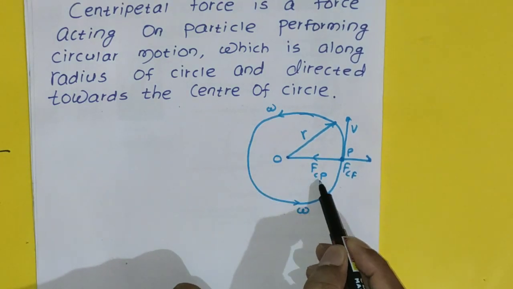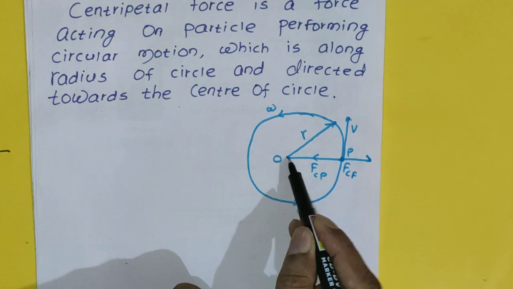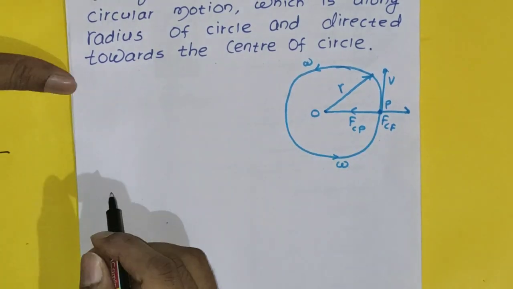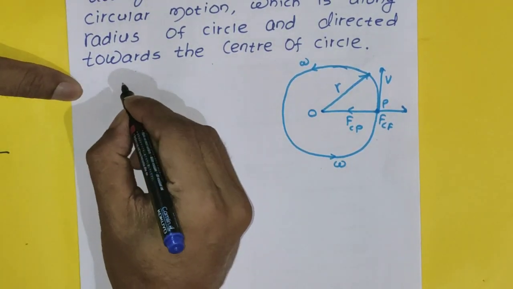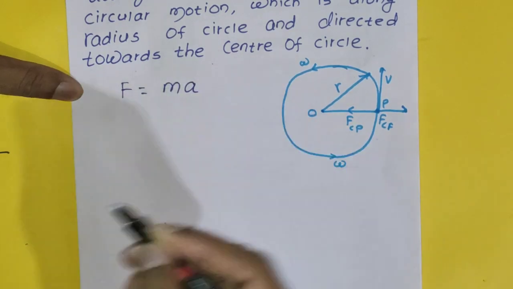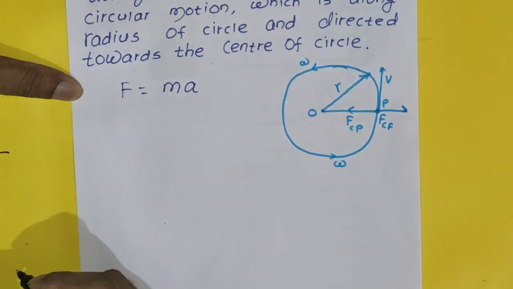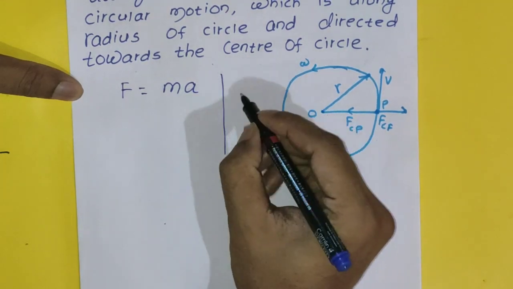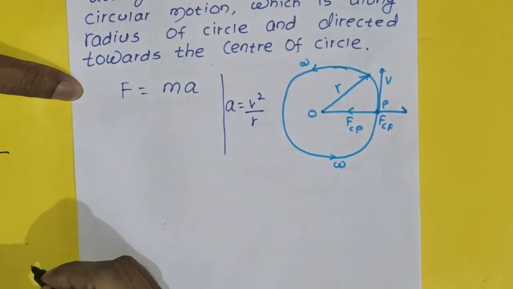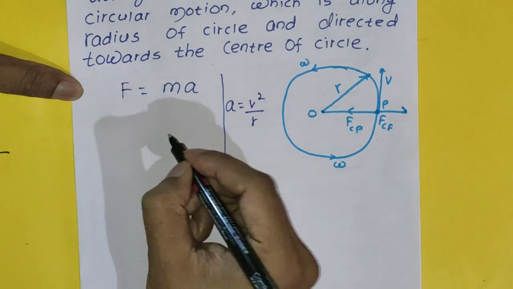So Fcp is a centripetal force which is directed toward the center of the circle O. Now according to Newton's second law of motion, F is equal to mass into acceleration. In 11th standard, we learn about centripetal acceleration, that is v square by r. So a is equal to v square by r, which is the centripetal acceleration.